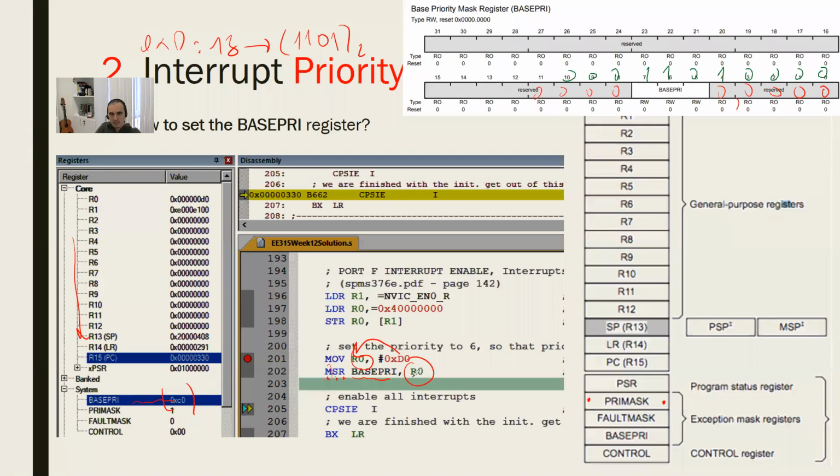Because in base pri, this is what I do: I'm writing this value here, right? So guys, remember, we cannot change these bits. Even if you try to write 1 here, you cannot change it. It will be 0. This is a read-only place. You cannot write it. So this is 0 again. So what I could write was 1, 1, 0. What is this 1, 1, 0 in binary?